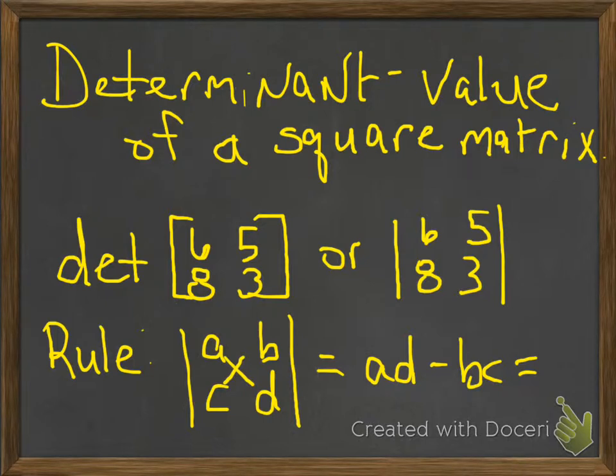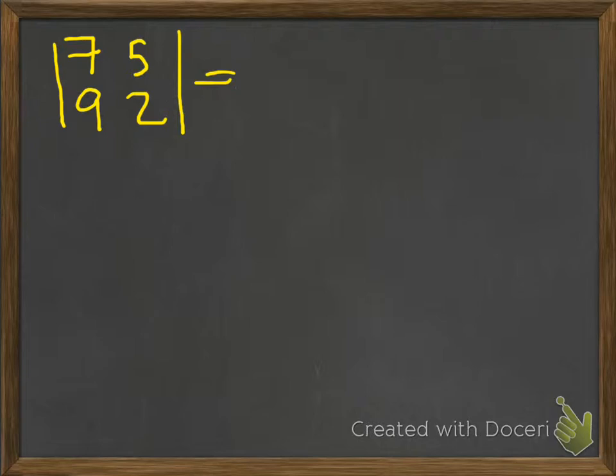What's 5 times 8? And what's 18 minus 40? Negative 22 would have been the answer there. Just subtract. Now that's 7, 5, 9, 2. Find that determinant. Negative 31.